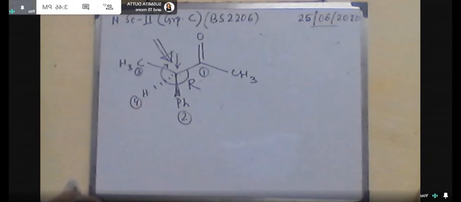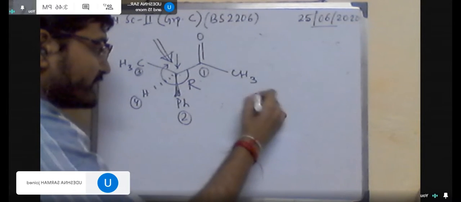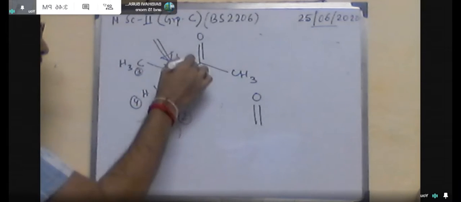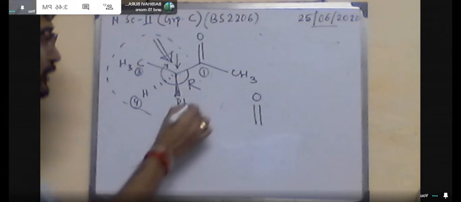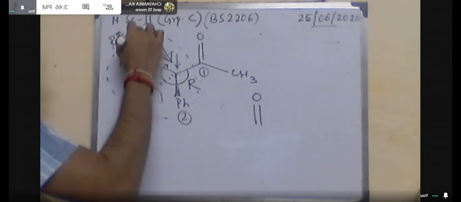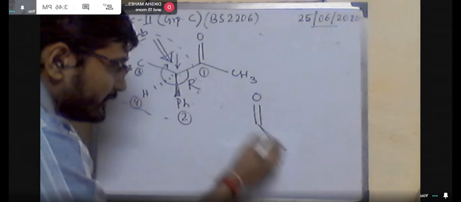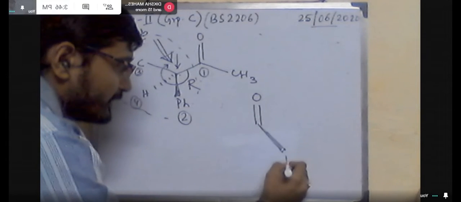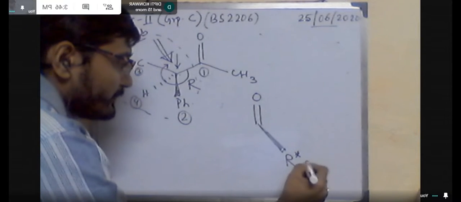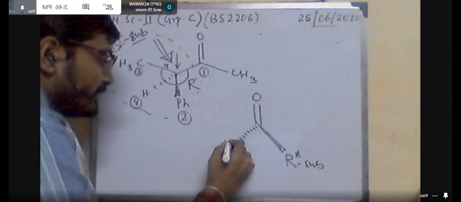So in this case we can consider it as R star substituent, and this is the CH3. Now we designate two faces, and we have to number the substituents according to the CIP rule. So according to CIP, this will be the 1, this will be the 2 because this is a larger group and lots of substituents are there. So 2, and this will be the 3.